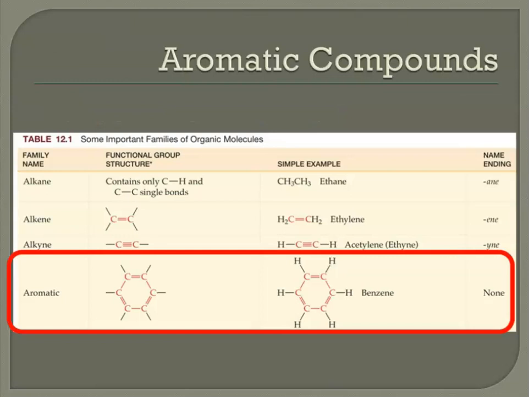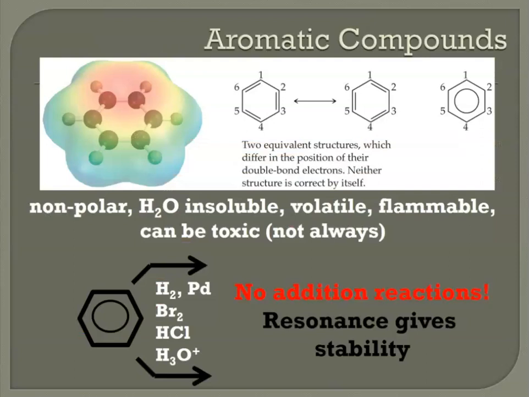So now we're going to start talking a little bit more about aromatic compounds. You can see here the big thing about aromatic compounds, why they're unique, is because they have these pi electrons, right? These double bonds are really those electrons in a different plane, kind of above those carbons.